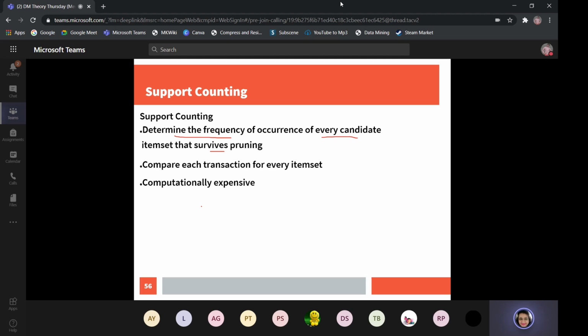Naturally it's a computationally expensive task. Even though you have eliminated a lot of sets, it's still computationally expensive.